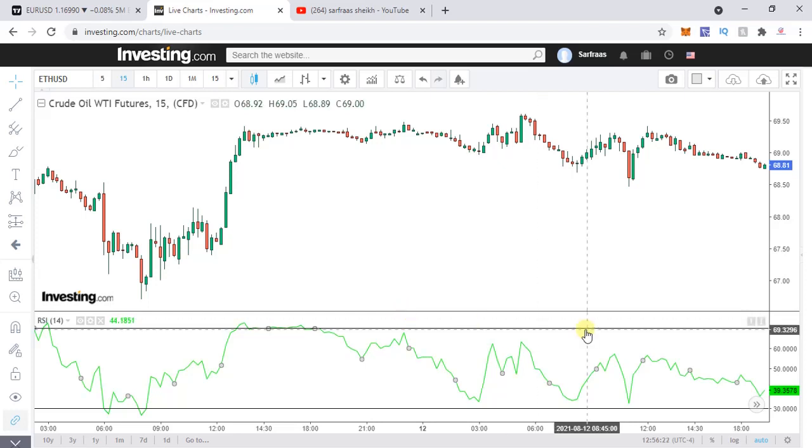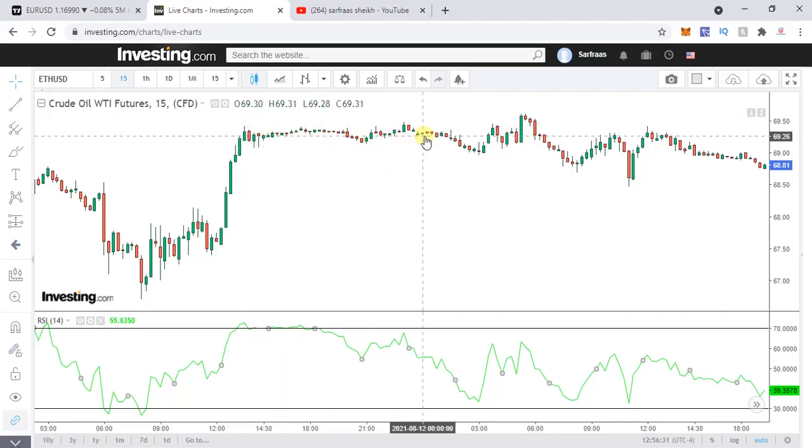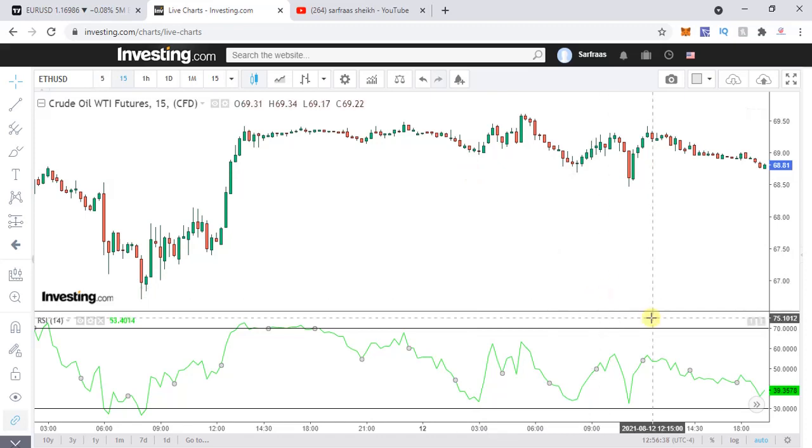There's definitely going to be a change, but it may take some time. Like you can see over here, this is 15-minute candles. Now imagine it being a daily candle, it would take so many days for the trend to change. So it's not instant that the moment it happens it will change, but definitely it will change.